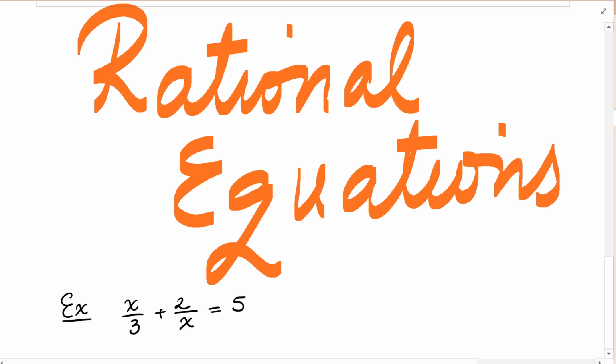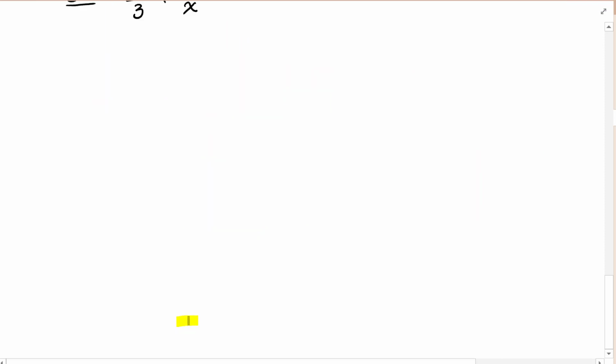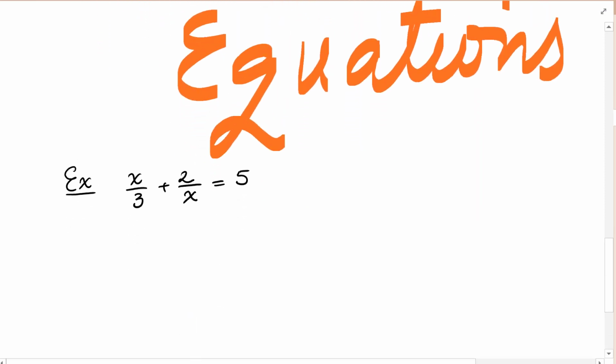Well, let's start by deciding what values x cannot have. So where do we have concerns? If we think about it, we have this x at the denominator.